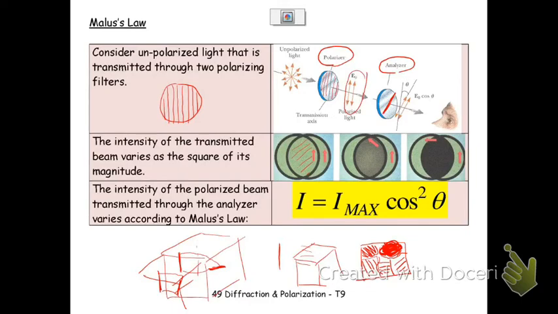If I twist these things slightly so they're out of line, it's not that I get nothing through, but I get less through. So what gets through the polarizer, some gets through the analyzer. What we say is it's like a component. It's not that the ray goes away. If that's the one that's not lined up with the analyzer, we take that and we say that amount of it gets through.